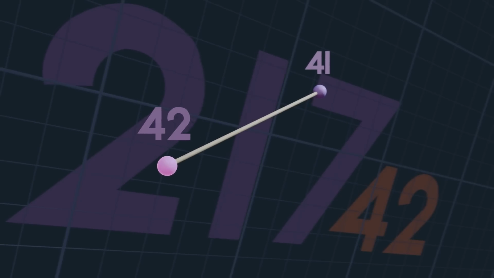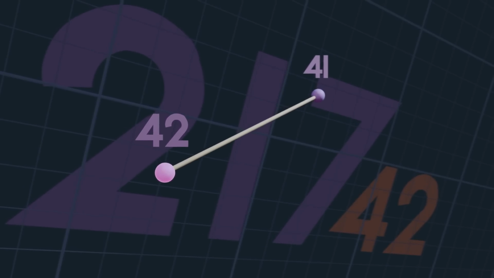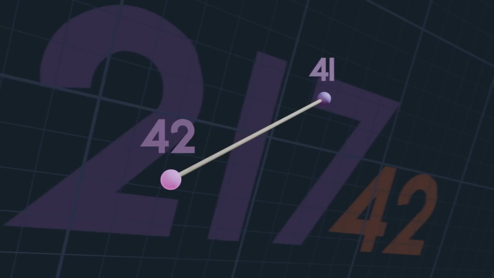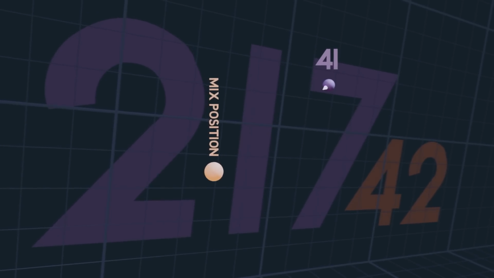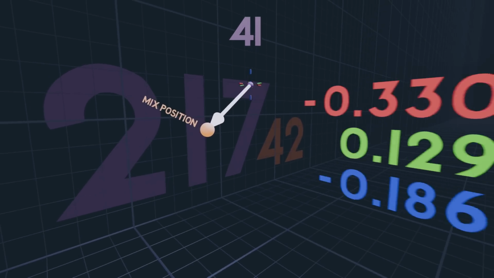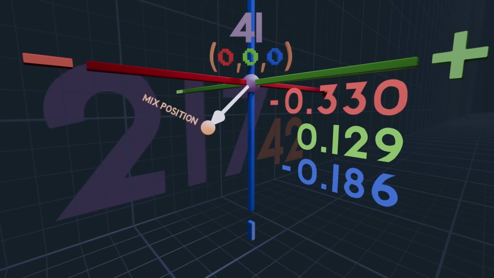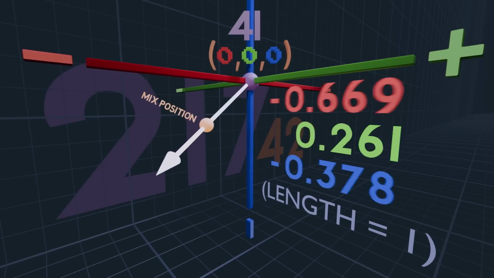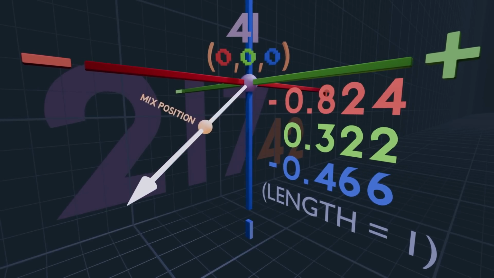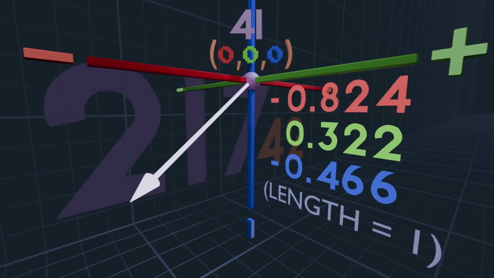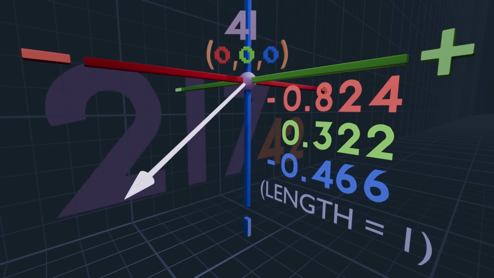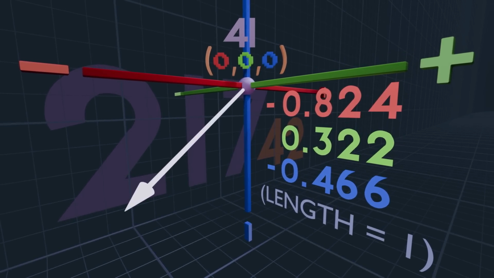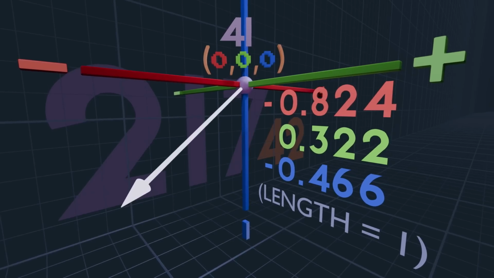To fix this, we're still going to calculate the mixed position, but we're not going to move 42 to it. Instead, we are going to use it to calculate its offset from 41. And if we normalize this, we will get a tangent vector in the same direction, but with a length of 1. Do you remember way back when you were young, when you first started watching this video and we resampled our curves by a length of 0.3?